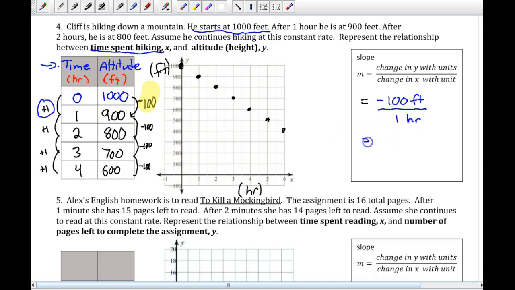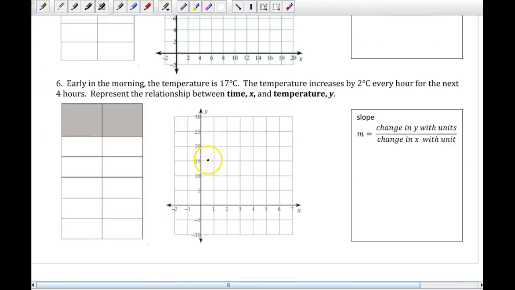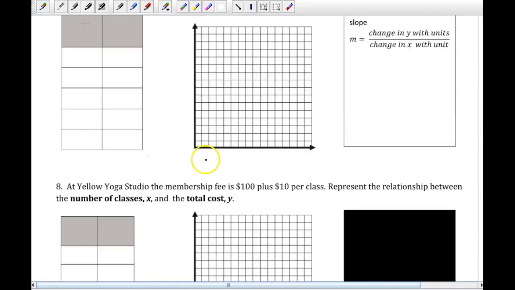All right? So our rate of change here would be just negative 100, or negative 100 feet per hour if we had units on there. So that's what you do for the rest of this. Use Desmos. Download the app if you want to play with it. We're going to be doing a lot with this website. Okay. 1 and 2, just worry about the rest of these right now. Yeah, just do 2 through 8.